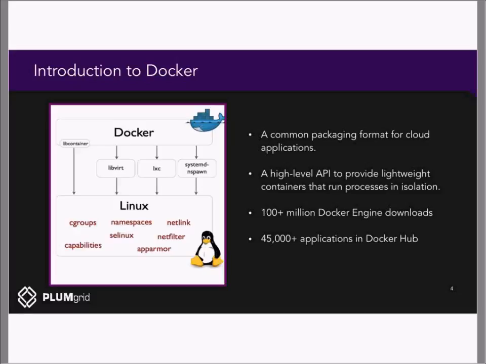So if I have to summarize what Docker is to me, Docker to me is like a mature technology package to be easily consumed. And as a result, it's no surprise there's a huge adoption in the industry, just like OpenStack. And if you look at the numbers over here, these are stunning numbers. What we're looking at over here is like 100 million Docker engine downloads, like 45,000 plus applications in Docker Hub.